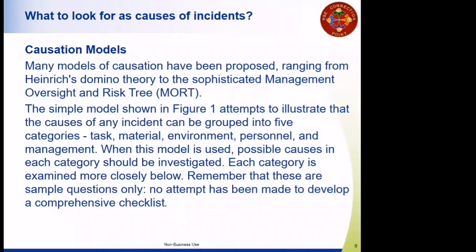What to look for as causes of incidents. You can use causation models, and they will help you to see what to look for. Many models of causation have been proposed, ranging from simple to complex ones.